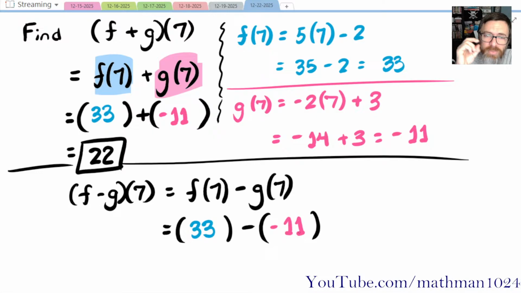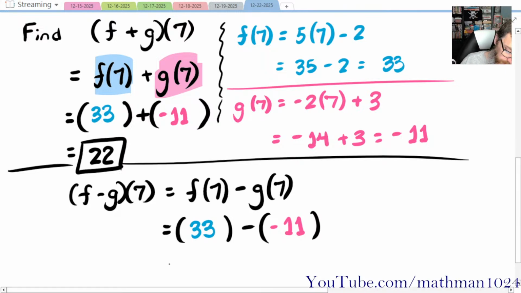There is subtraction that is part of this problem because it says f minus g of 7. So we got the negative there, but then I have the negative as part of that negative 11 that results from g of 7. So this is 33 plus 11, so my final result here is 44.